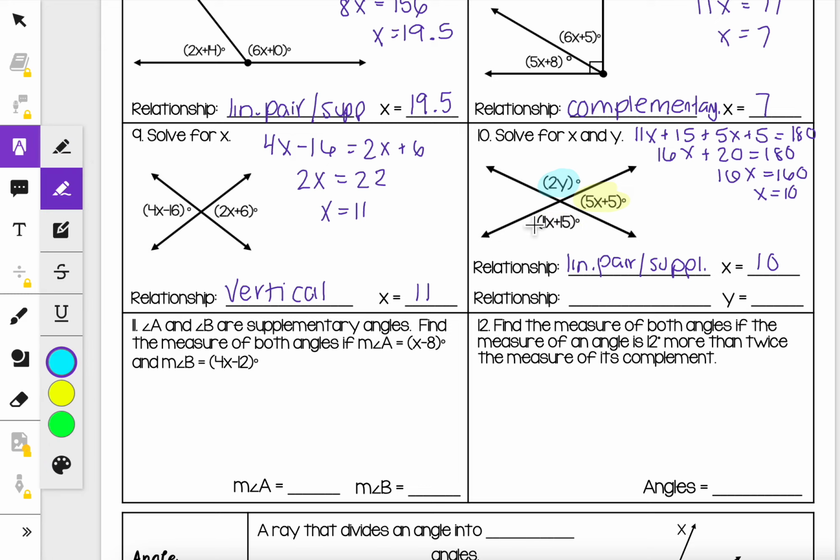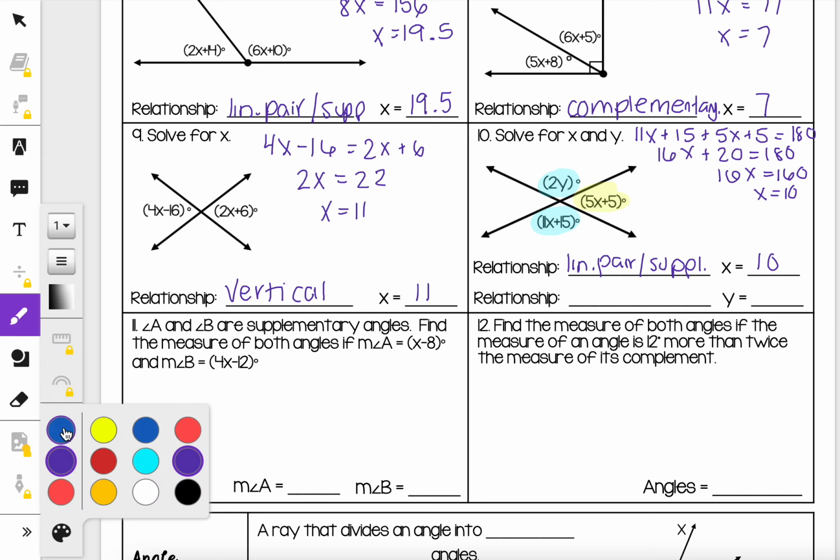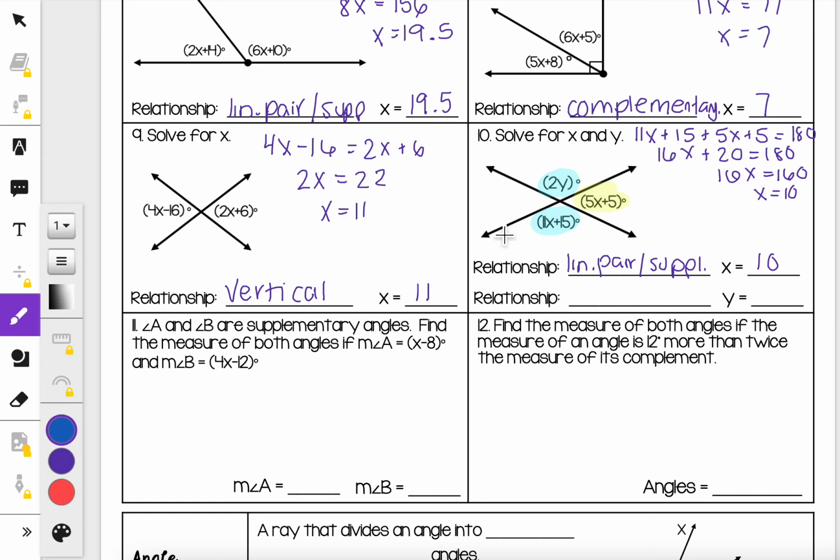I'm going to substitute it into this 11x plus 15 over here. So I have 11 times 10 plus 15. That's going to equal 125 degrees. Okay, so I'm going to set 2y equal to 125 and y equals 62.5. Those were vertical angles, and I got 62.5.